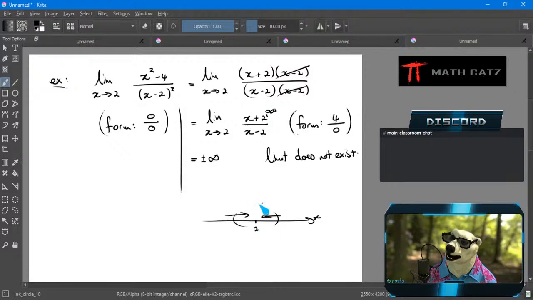I always have a window around 2. So if I'm on the right, then I have a bigger number minus 2 being positive, the whole thing is positive. But if I'm on the other side of 2, then I still get a number really close to 0, but it's always negative, a smaller number minus 2. So depending on which side I come at it, I could have negative or positive numbers.